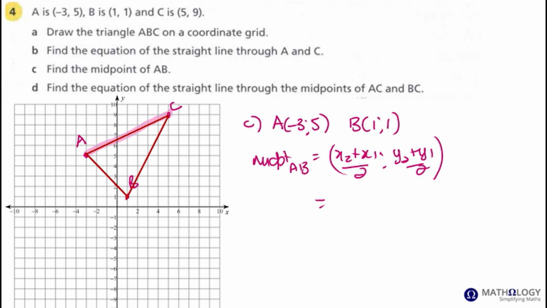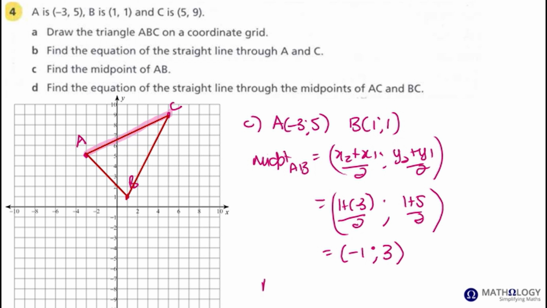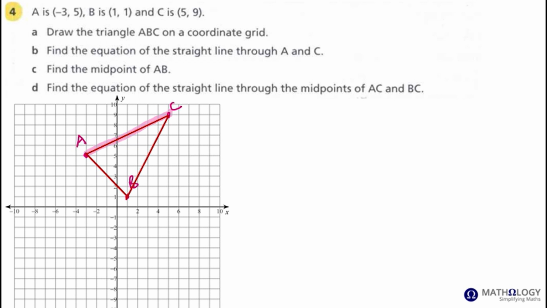So 1 plus -3 over 2, and then 1 plus 5 over 2. 1 minus 3 is -2 over 2 is -1. 1 plus 5 is 6 divided by 2 equals 3. So the midpoint of AB is the point M, -1, 3. You can use any letter you choose. It doesn't have to be M.